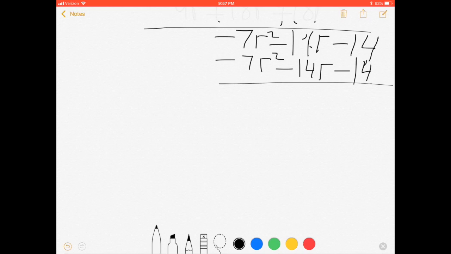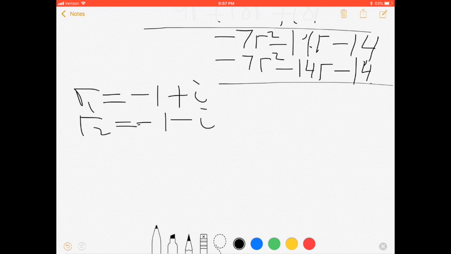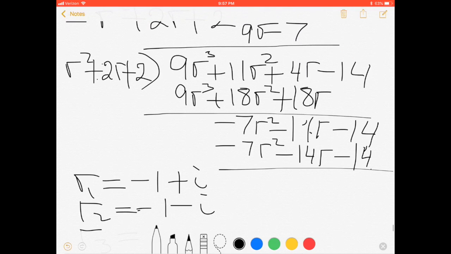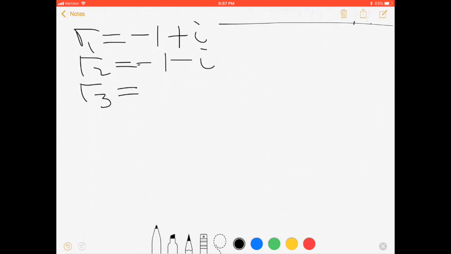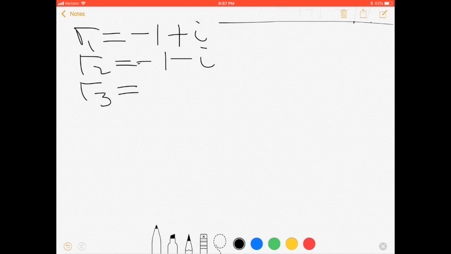Finally, what information do we have? We have r first is minus 1 plus i, r second is minus 1 minus i, and our third, which we found as the result of our division, is 9r minus 7 equals 0. This means 7/9.